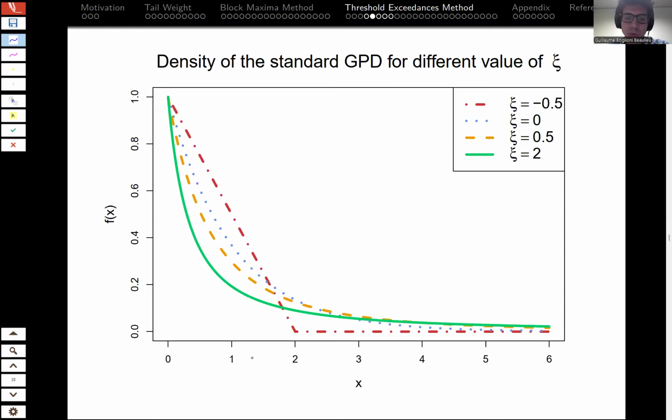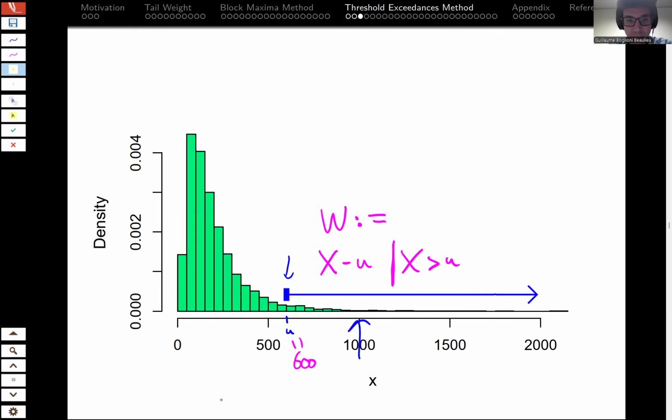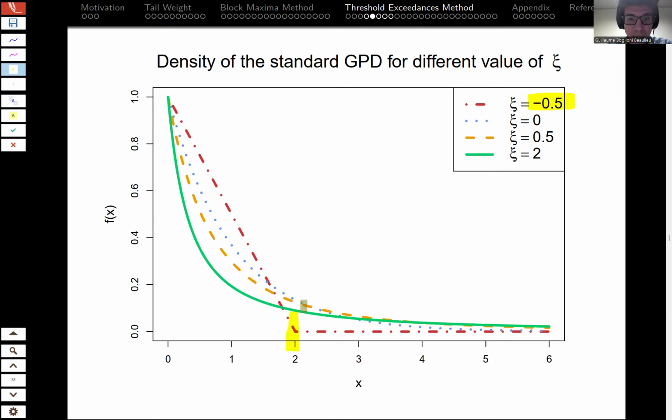Now, what does this distribution look like? In essence, the bigger the Xi, the more heavy-tailed the distribution is. Firstly, if Xi is negative, we just said that the random variable has an upper bound. In this case, the distribution will be light-tailed because the random variable can never exceed a certain value.